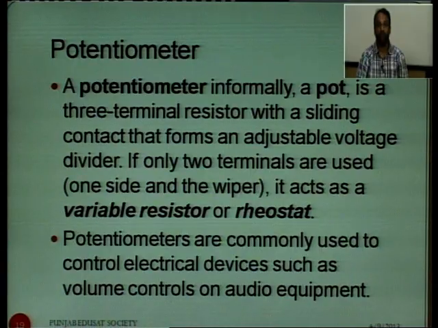If only 2 terminals are used, that means one is fixed and another one is the wiper, that means sliding, it acts as a variable resistor or rheostat. Potentiometers are commonly used to control electrical devices such as volume controls on audio equipment. So, in audio equipment, to control the volume, we use potentiometers.